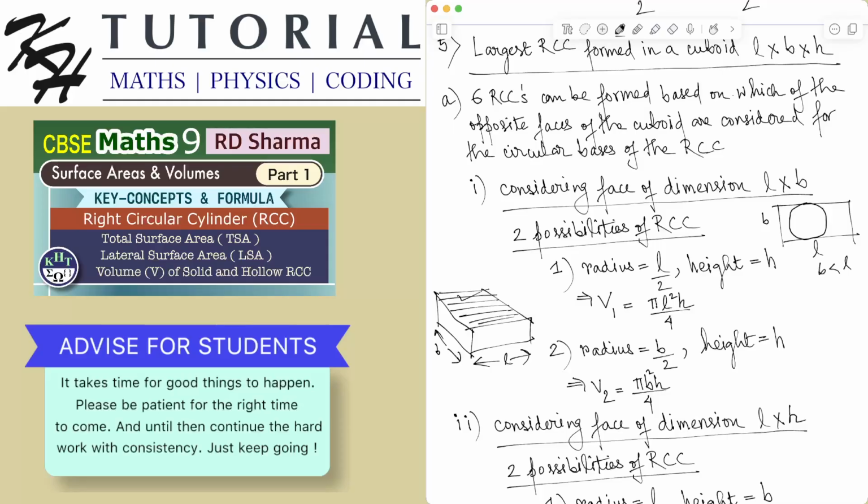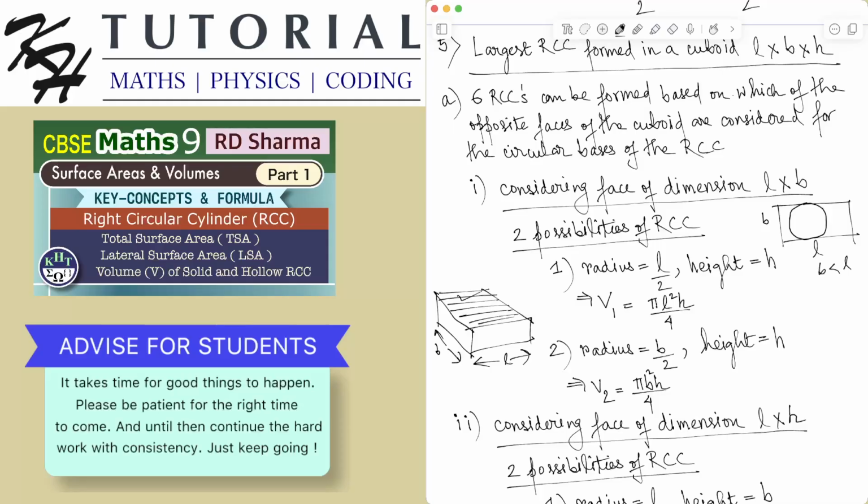So if you consider the two end faces of the RCC to lie on the two opposite faces having dimension L by B, then the height of the RCC will obviously be H, which is the third dimension of the cuboid.